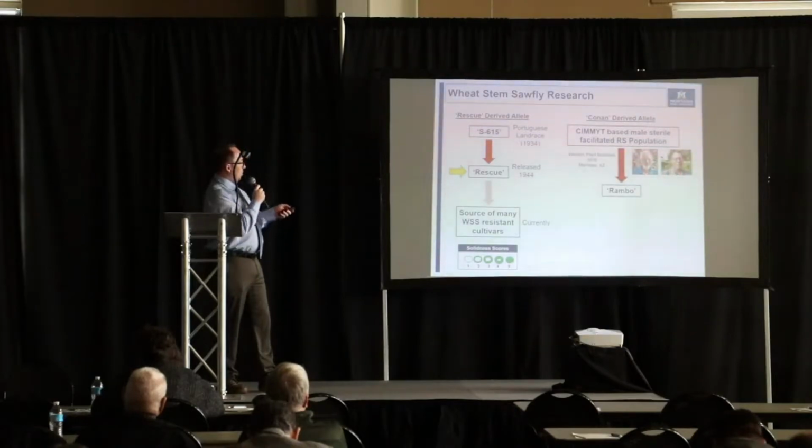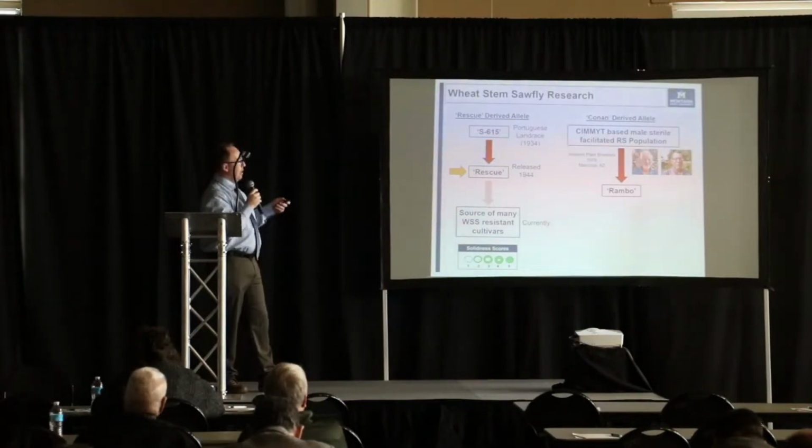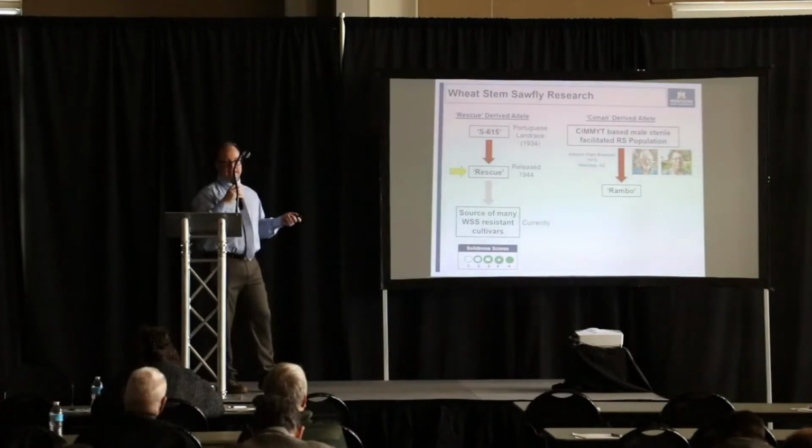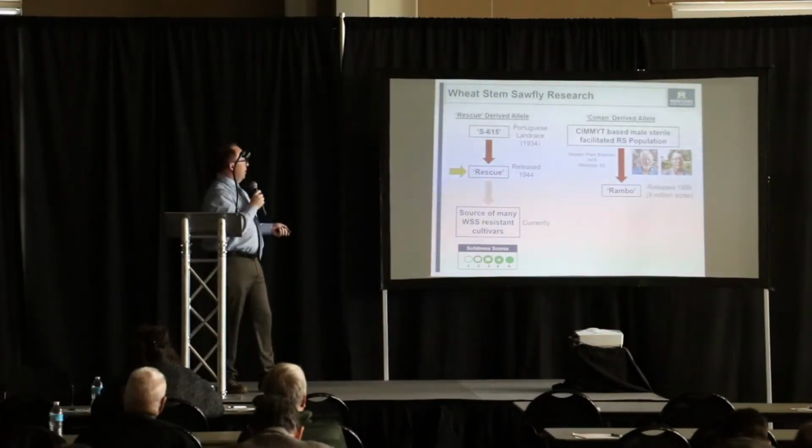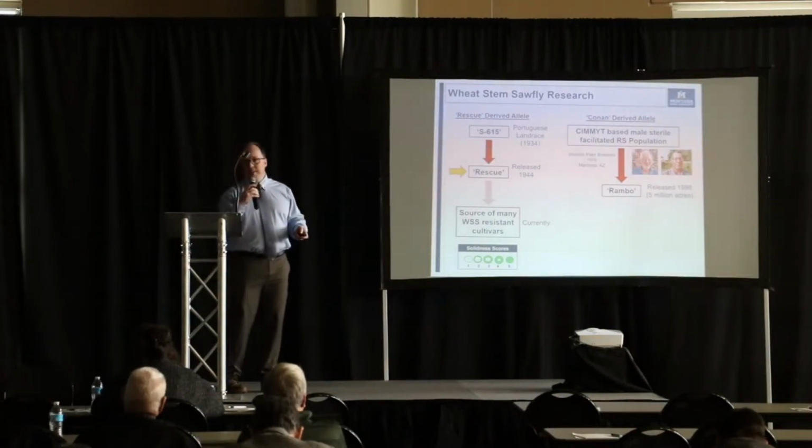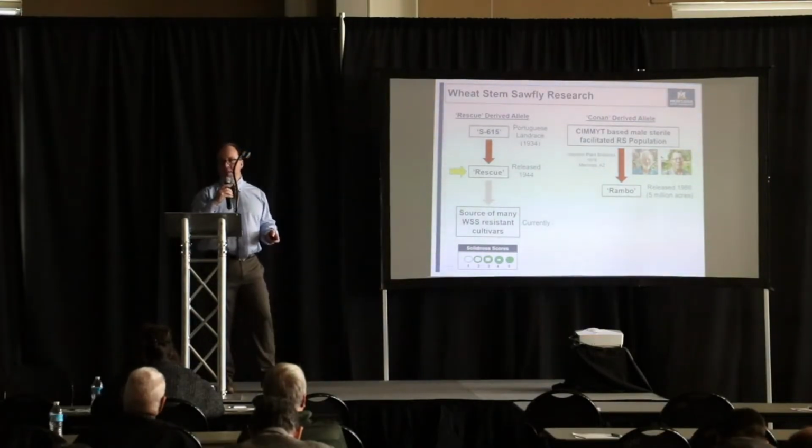And so they identified some material that was resistant to sawfly in Montana, and one of those plants that was resistant, they selected it and released that variety, and that variety was named Rambo. This variety was pretty successful in Montana. It was grown on over 5 million acres in the state in the 80s to 90s.